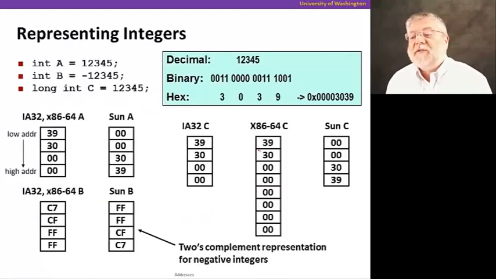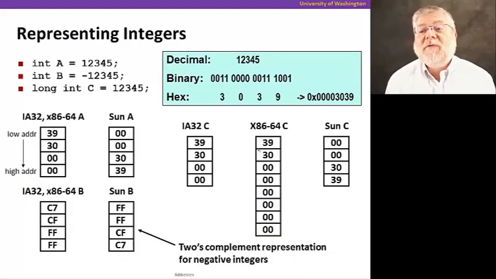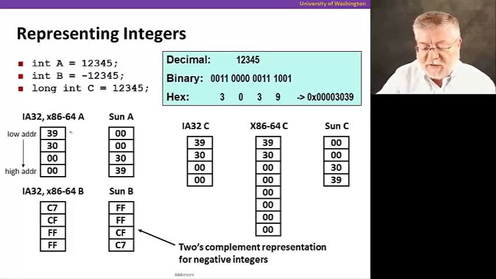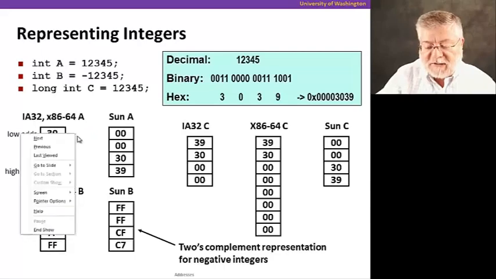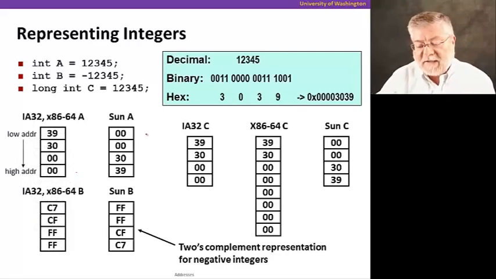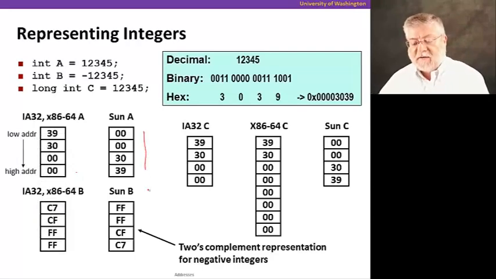Just another quick example, looking at the decimal value 12345. In binary, that's represented right below as those binary digits, which is hex 3039. You'll see that in a 32-bit architecture, we put the least significant digits at the lowest address and the most significant digits at the highest address, while it's in the opposite order on a big endian architecture.